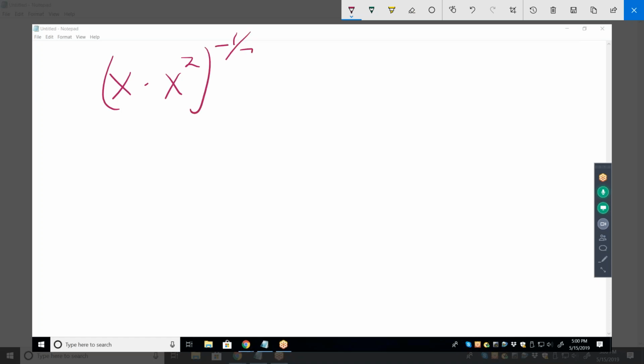No, just the x squared. Just the x squared is to the power of negative 1/2. It's like that. But multiply that by x. The whole thing? Yes. So the x is not under that exponent, only the x squared is.